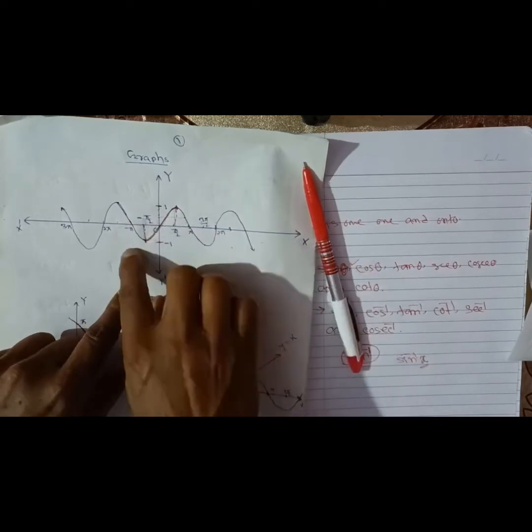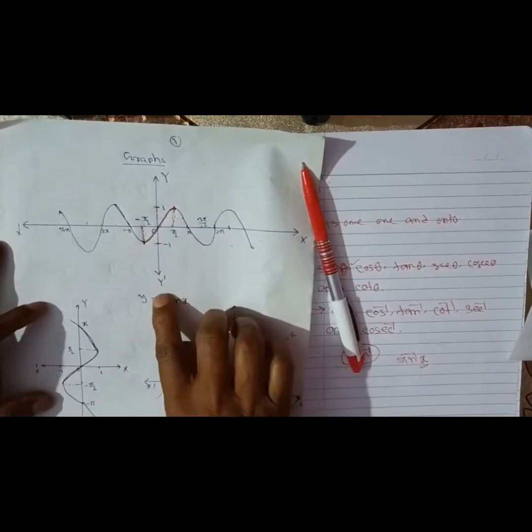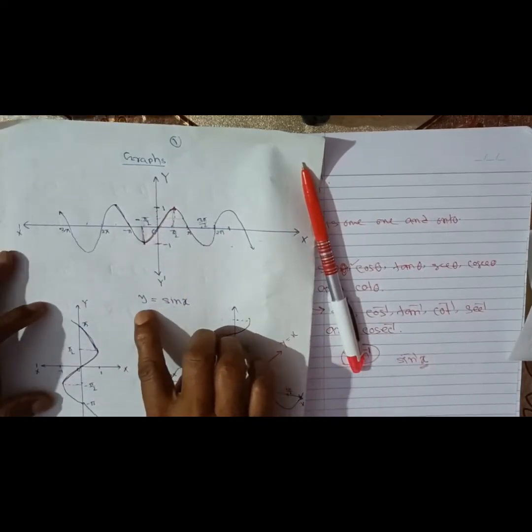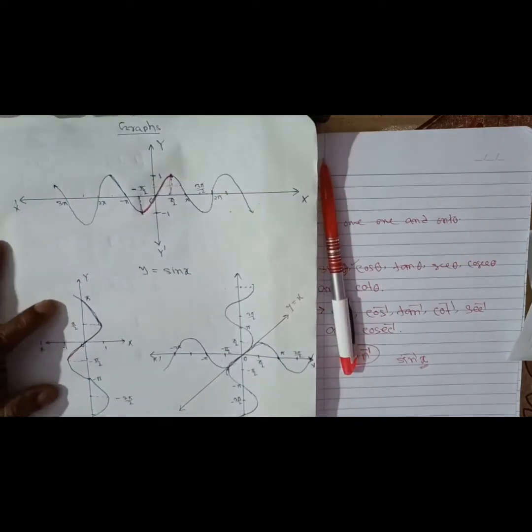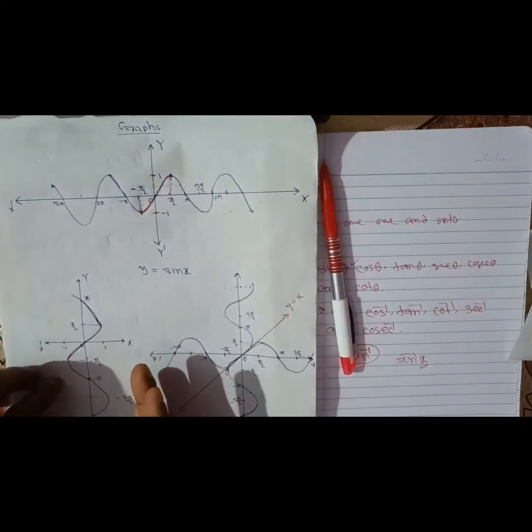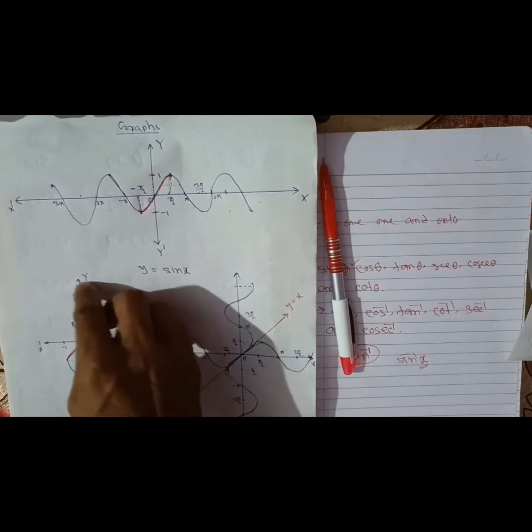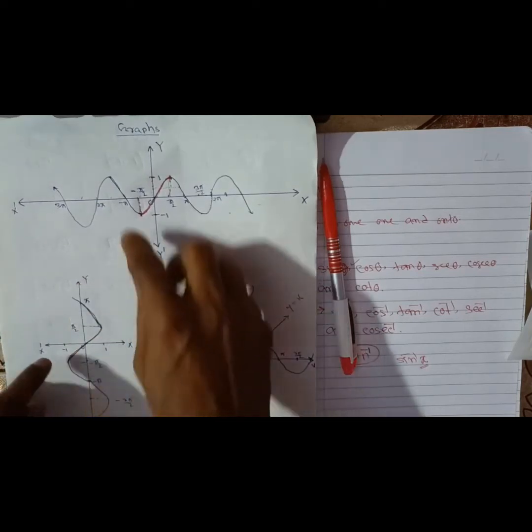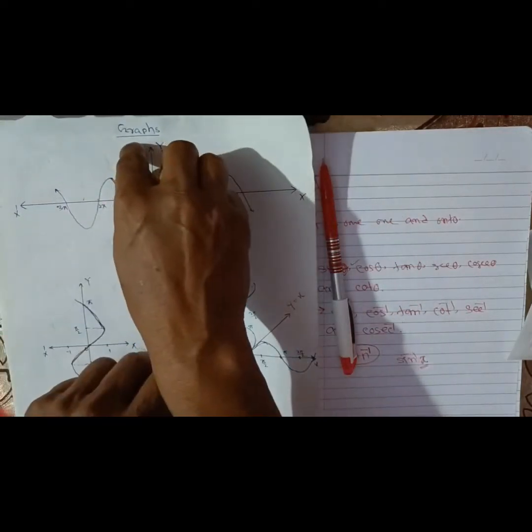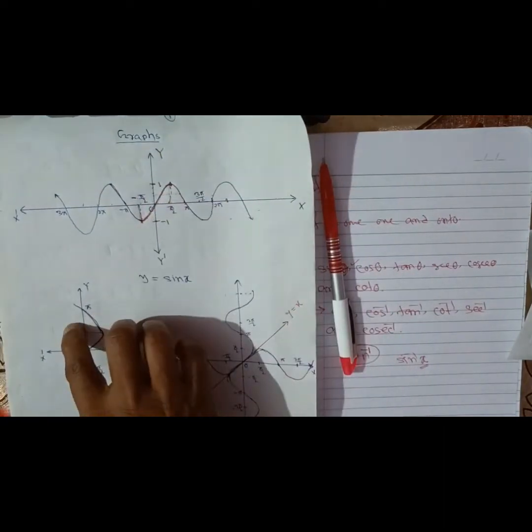If we draw the graph of the inverse function, that is y equal to sine inverse x, then the graph is completely changed. The graph is rotated 90 degrees in the anti-clockwise direction.